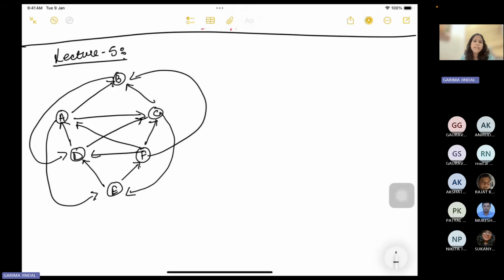Okay, so this is the initial network that I have, and now I will initialize the weights on the edges.